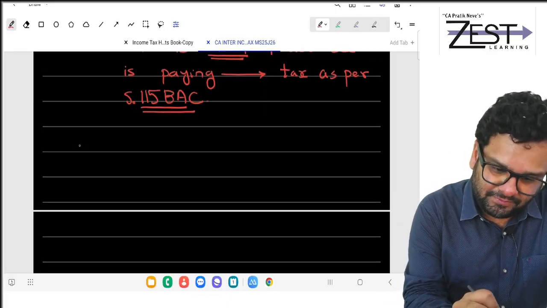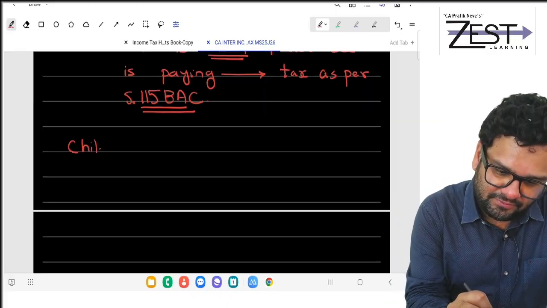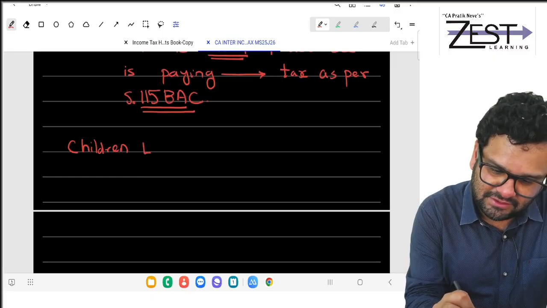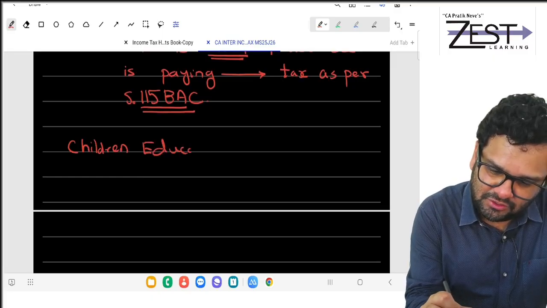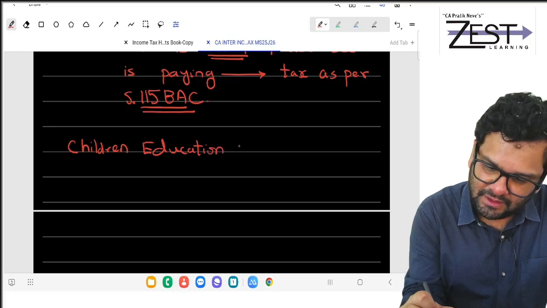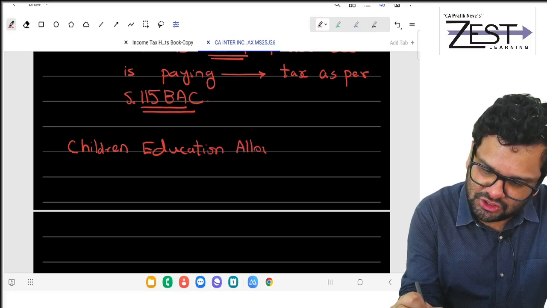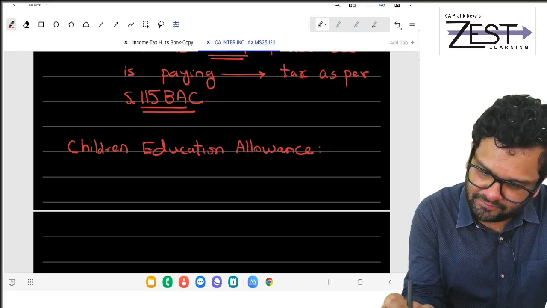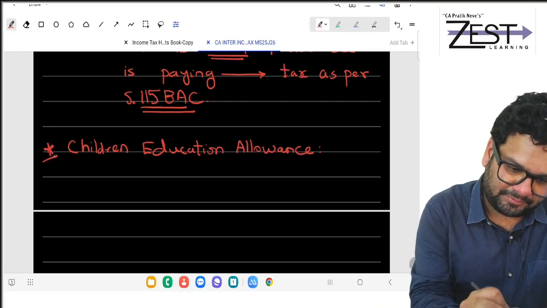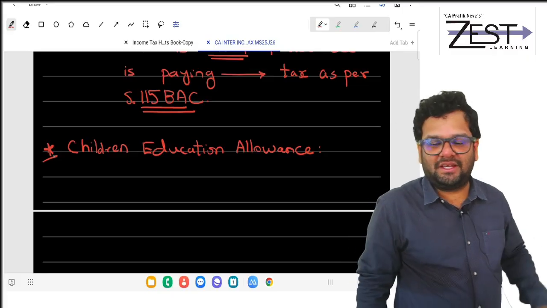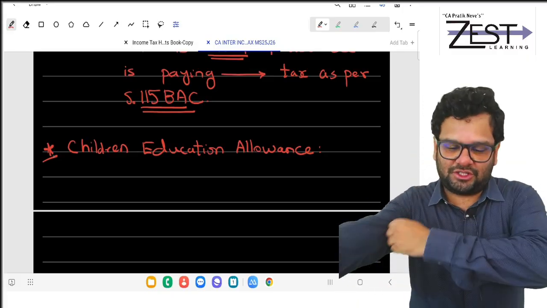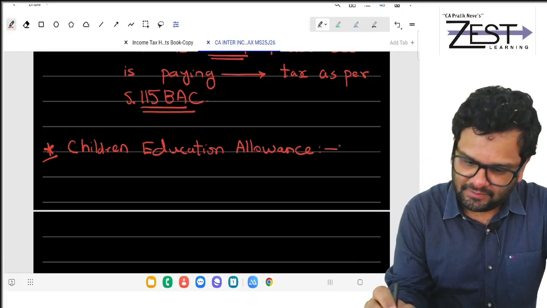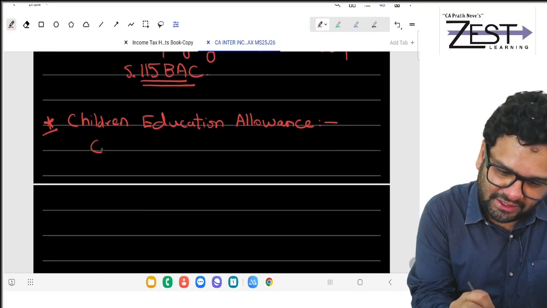After HRA, children education allowance. How much is the exemption for children education allowance? We will call it CEA.